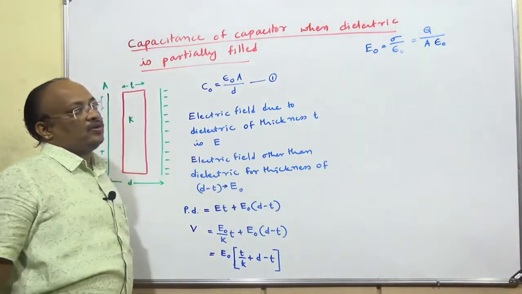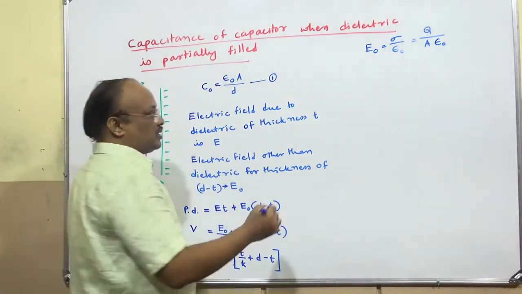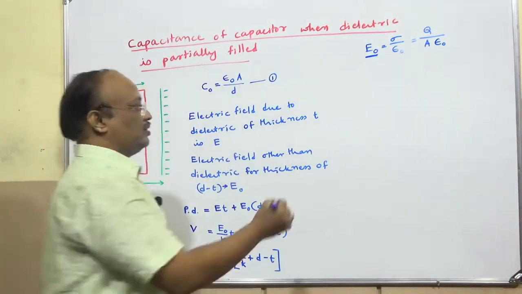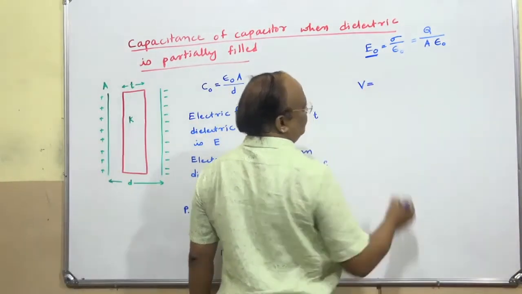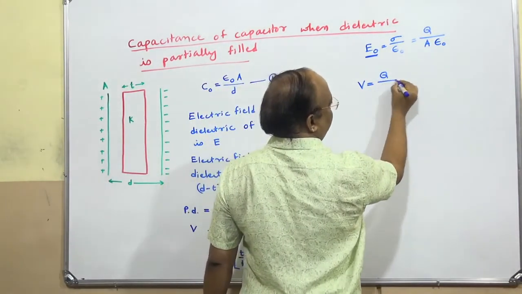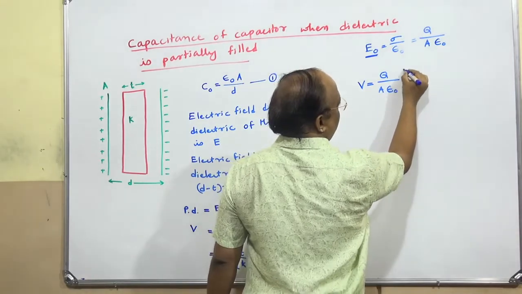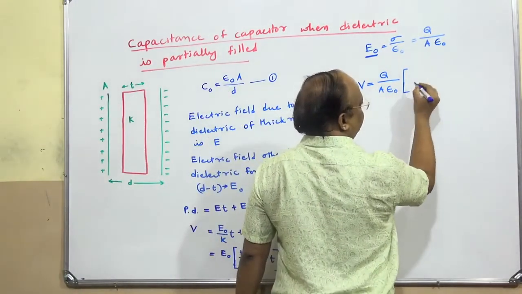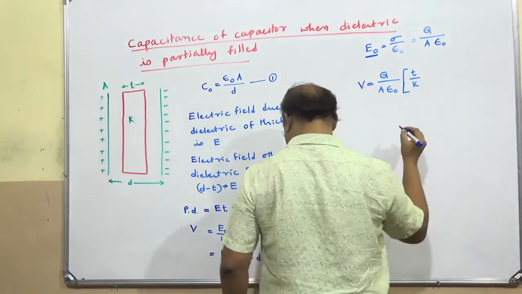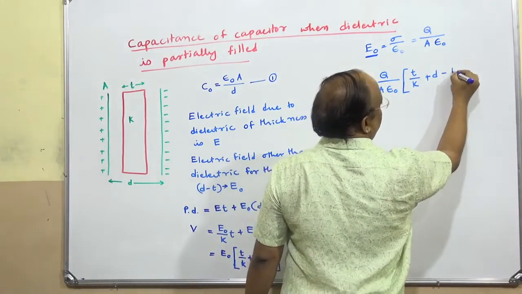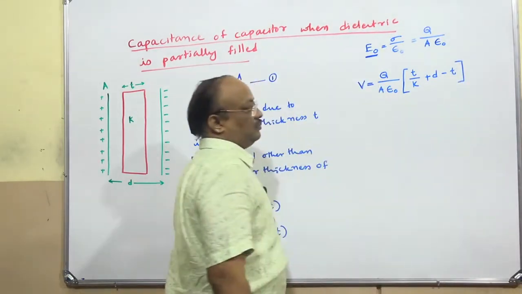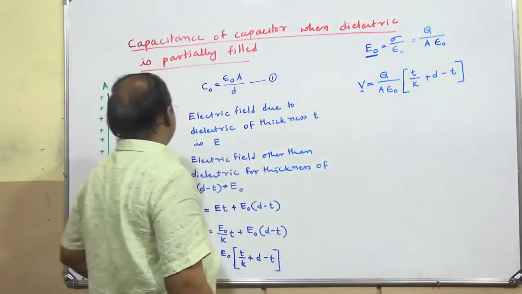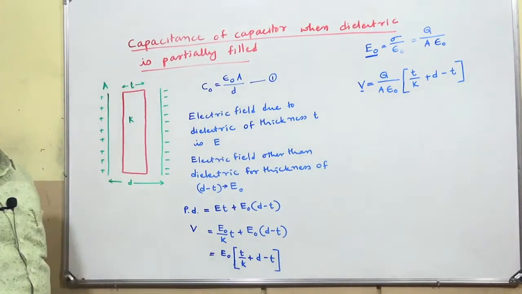If you substitute this value of E naught, V is equal to Q by A epsilon naught into T by K plus D minus T. This is the expression for the potential difference between these two plates.